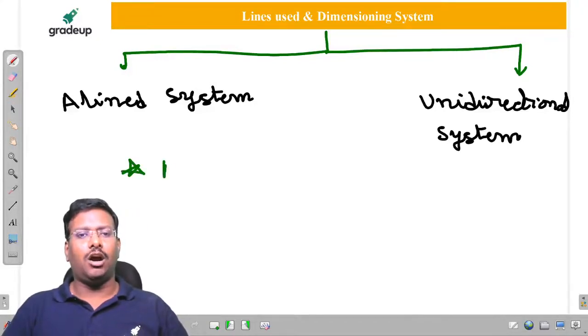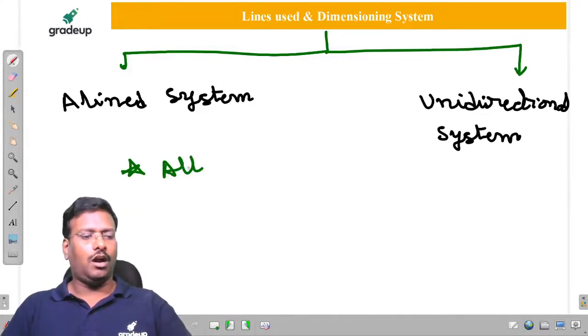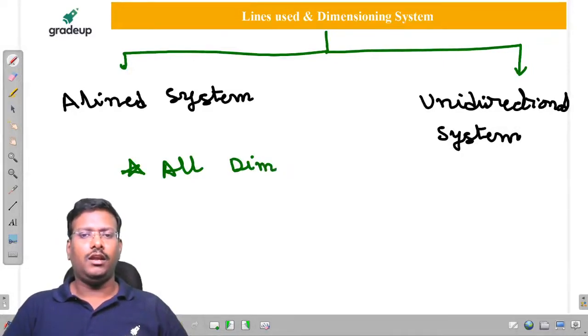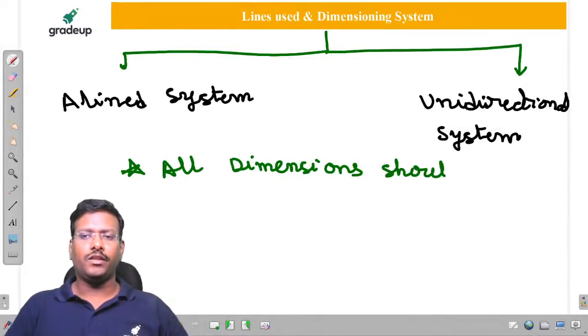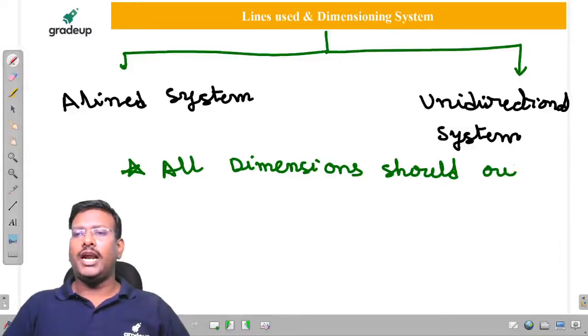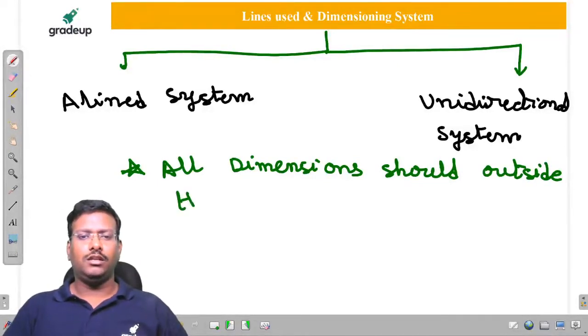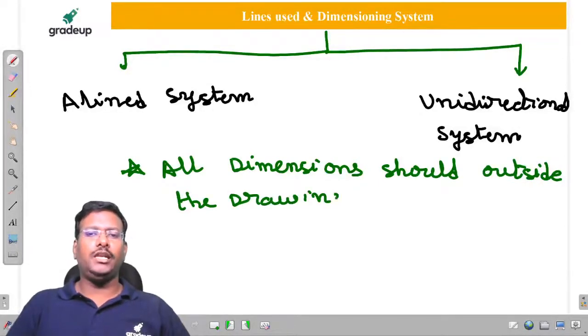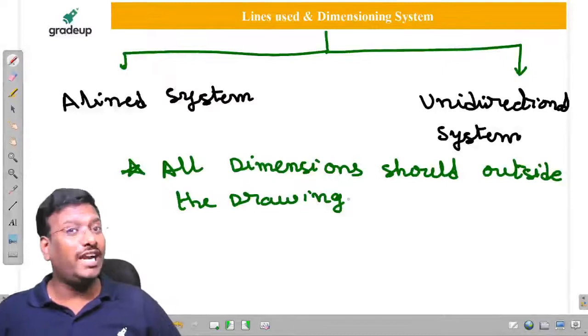That is, all dimensions should be outside the drawing. They should not be inside. They should be outside the drawing.